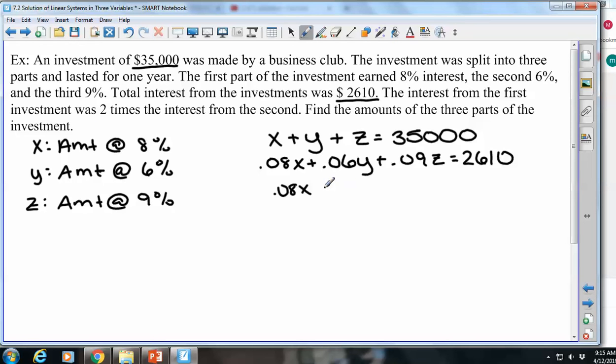That equals 2 times the interest from the second. What was my interest from the second? 0.06y.